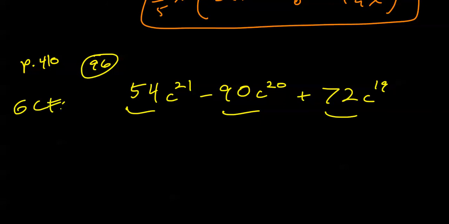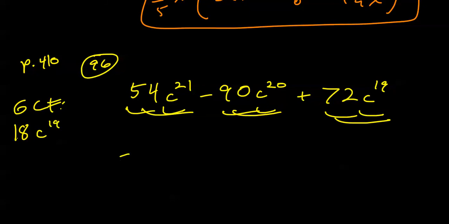I think 9. I think I can do better than 9. Certainly 9 is a factor of all. I think 18 is also a factor of all. I can evenly divide 18 in all those coefficients. And remember, you can pull out as many powers of c that are common to all, and every term in this trinomial has at least 19 factors of c.